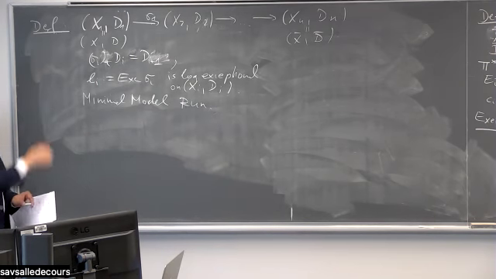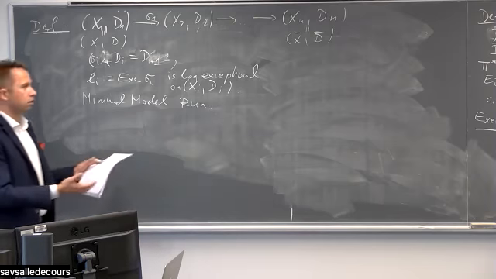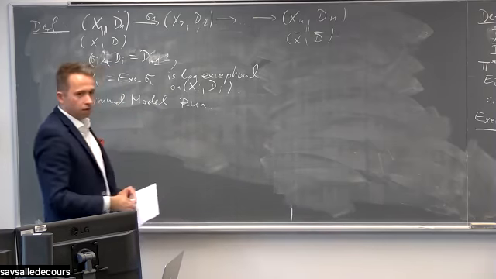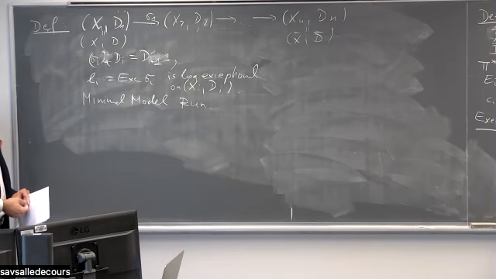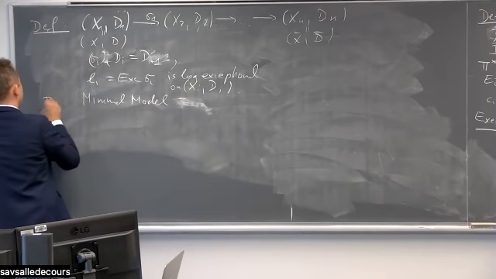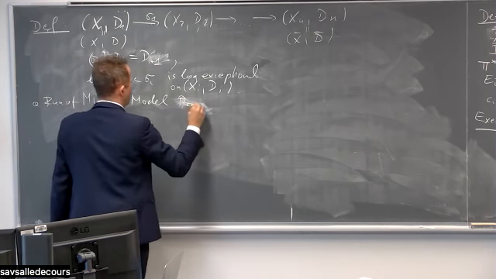This particular choice, and there might be many ways to choose log exceptional curves. Nobody said it's unique. Each such a choice is called a minimal model program run. Maybe like that, the run of a minimal model program.